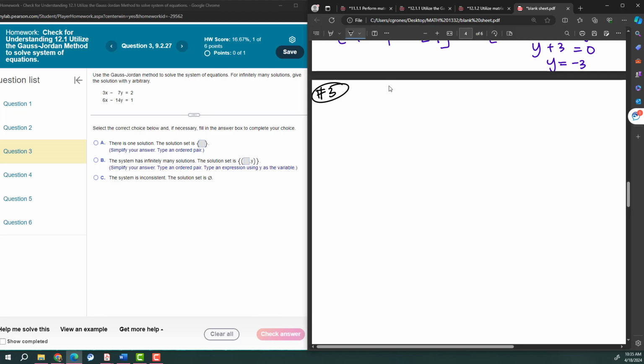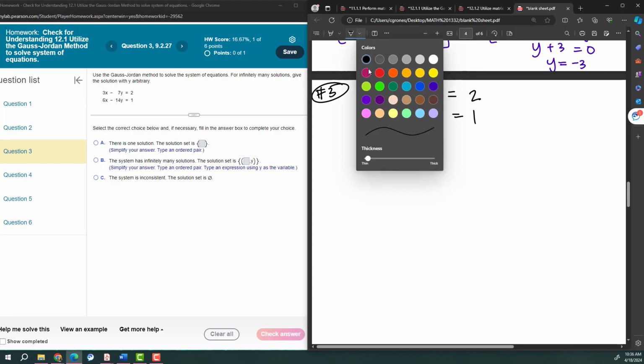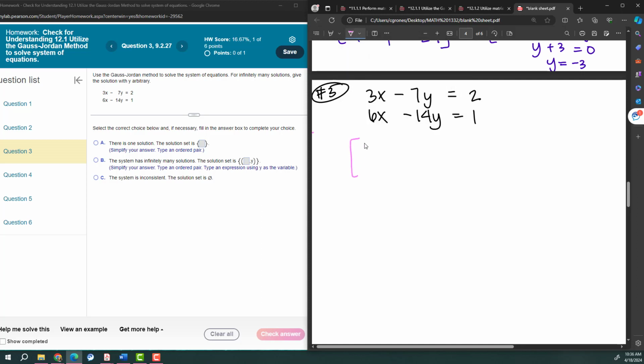So same thing, we're going to use the Gauss-Jordan method to solve the system of equations. All right, so let's put it into our matrix. I'm going to use a pink. I've got 3, -7, 2, 6, -14, 1.